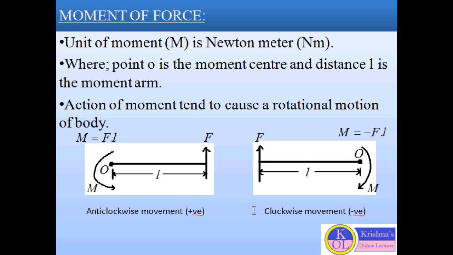By general convention, if the body has anti-clockwise movement, then the moment will be anti-clockwise, and we consider the anti-clockwise moment as positive. The clockwise movement causes the clockwise moment, and we consider the clockwise moment as negative.